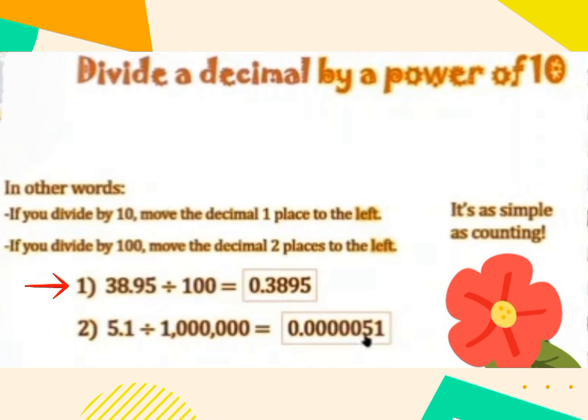Example: 38.95 divided by 100. 100 contains 2 zeros, so we need to move the decimal point 2 places to the left. We obtain 0.3895. In the second example, 5.1 divided by 1 million, which contains 6 zeros, so we move the decimal point 6 places to the left.